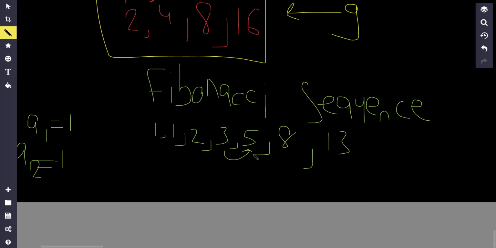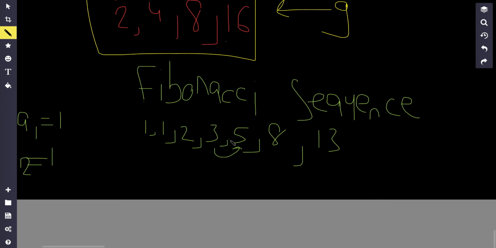In order to get from my fourth term to my fifth term, I add the two previous numbers before the fifth term, right? And then you see this pattern. 1 plus 1 gives me 2. 1 plus 2 gives me 3. 2 plus 3 gives me 5, right?